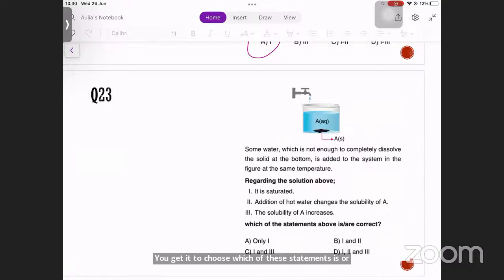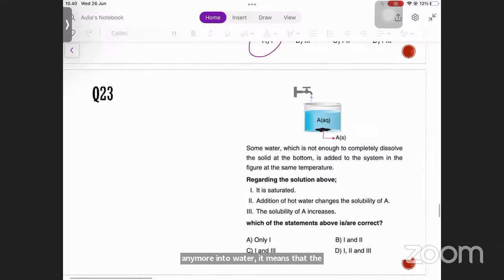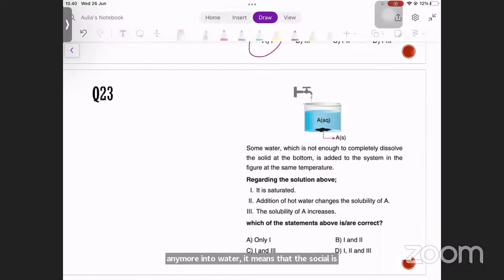It is saturated. The meaning of saturated here, everyone, is that it cannot dissolve anymore. When the solid cannot be dissolved anymore into water, it means that the solution is saturated. Like in Bahasa, you can call it pekat.